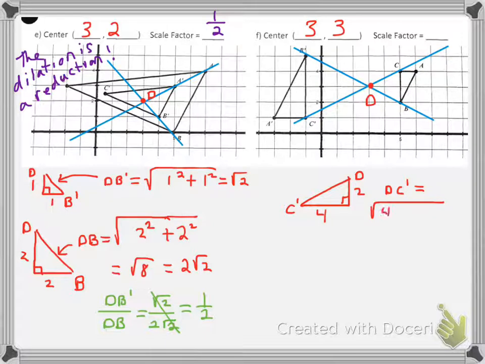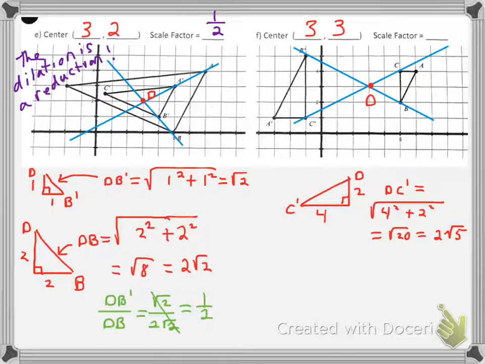So 4 squared plus 2 squared, got to take the square root of that. So 16 and 4 is 20. And then let's see, what perfect square factors are there of 20? Square root of 20 would be the same thing as the square root of 4 times the square root of 5, which reduces to 2 times the square root of 5. You all remember how to do this, right? From Algebra 1? I hope so.